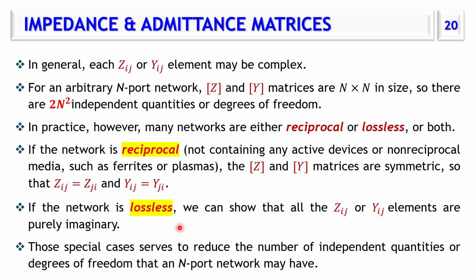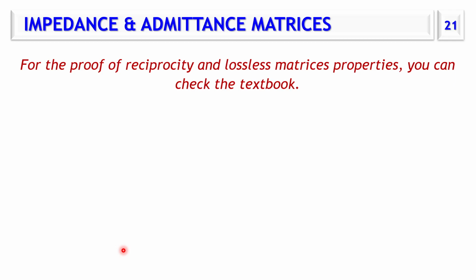There is no real component in Z nor Y, so there are no losses. If the reciprocal and lossless conditions are there, the number of degrees of freedom in Z and Y is reduced dramatically. For the proof of these two conditions, I'm not going to cover it in the explanation, but you are welcome to read it from the textbook.